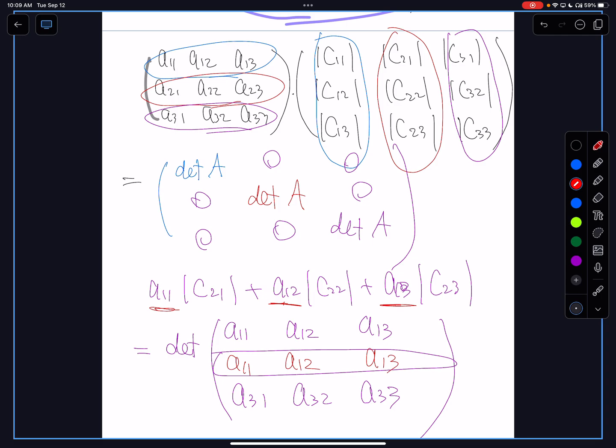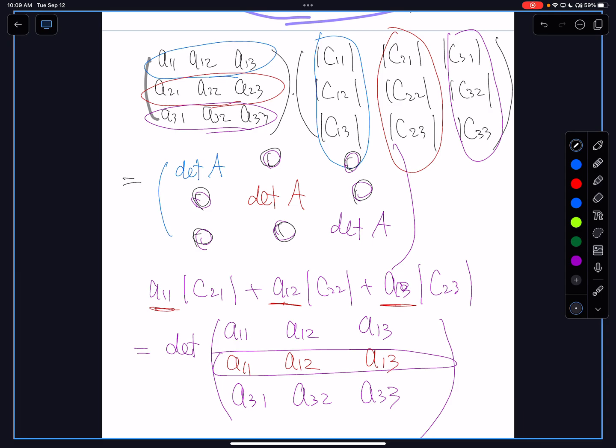That means the determinant has to be 0. So we know that this is 0. And the same logic will go on for different places. They're all going to be a determinant of a certain matrix with the same rows or the same columns.